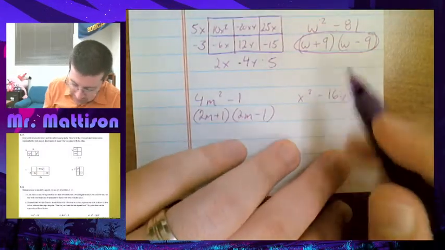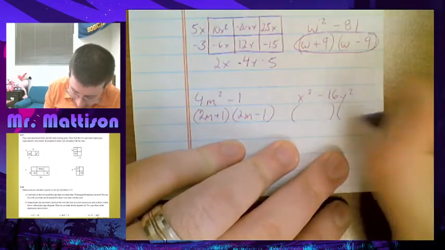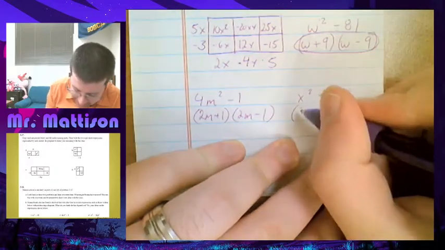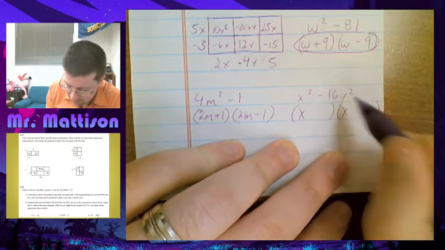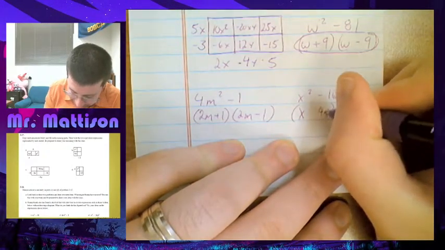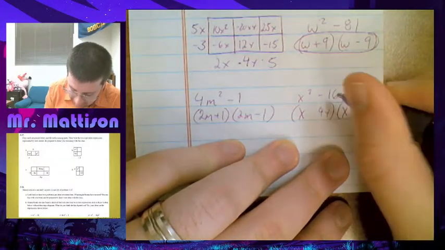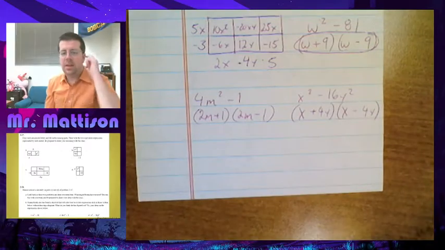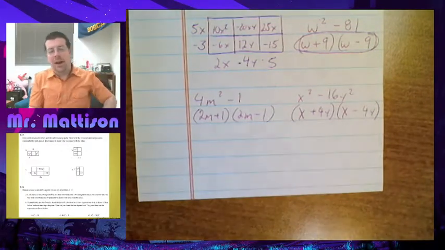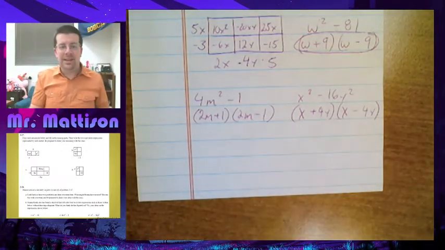When I factor that, the square root of this is going to be x and x. The square root of this is going to be 4y. And then one's positive, one's negative. Done.